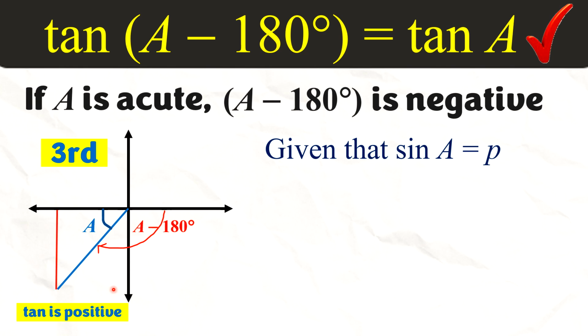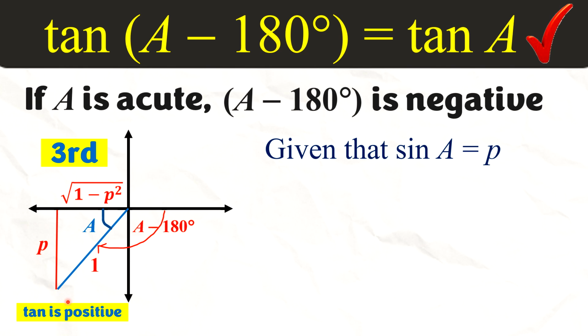Then I apply the sine formula: sine gives us opposite over hypotenuse. So I fill in the sides, and using Pythagoras theorem, I am able to work out the adjacent side, which is square root of 1 minus p squared.